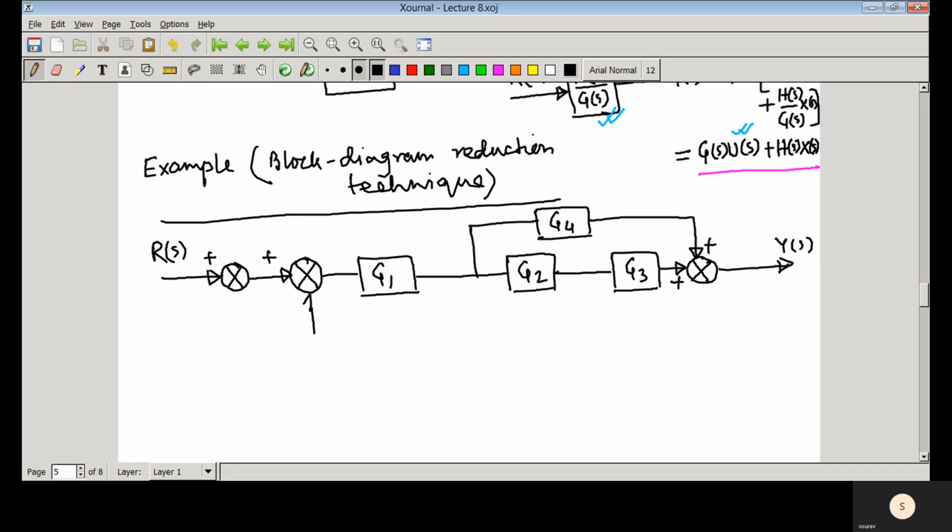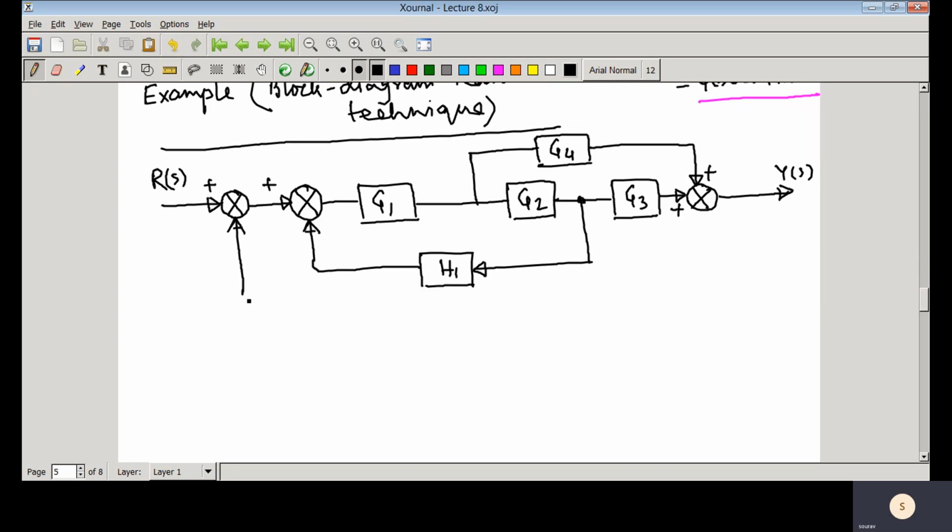Now this particular block diagram control system has two loops. One is the inner loop, what I am drawing now. This is the tap position. So it has one inner loop, and this is the outer loop.